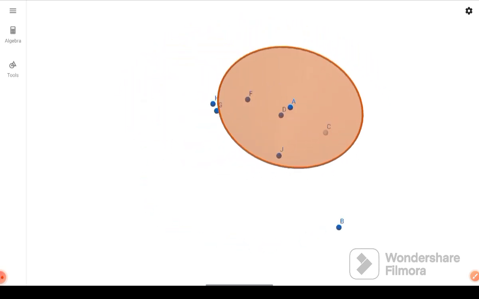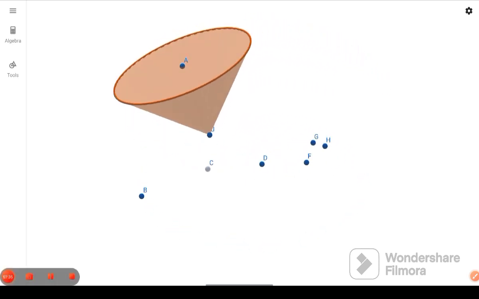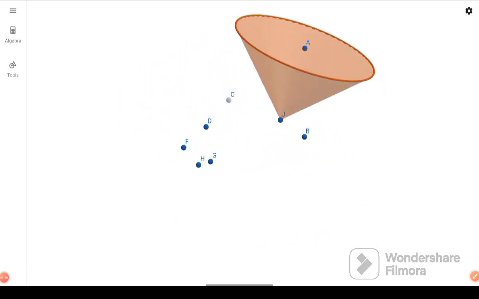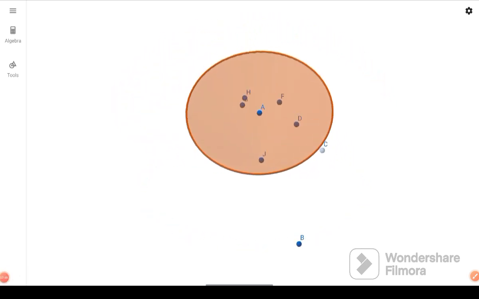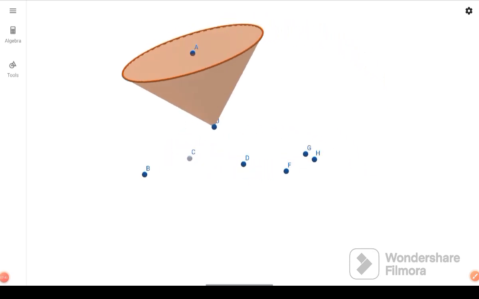Okay, I'm just trying to show you how a cone will be formed if I rotate a right triangle.